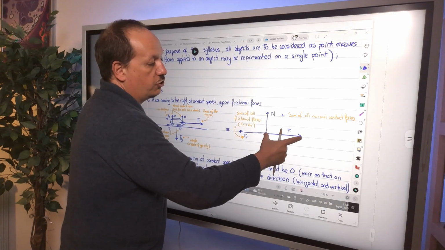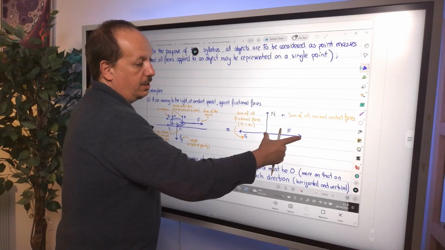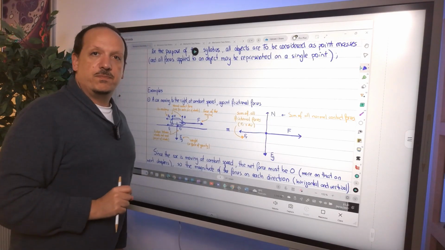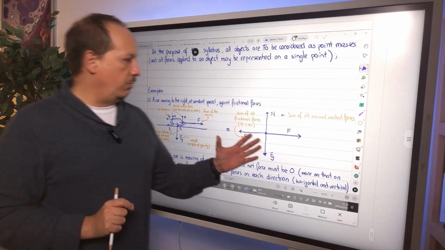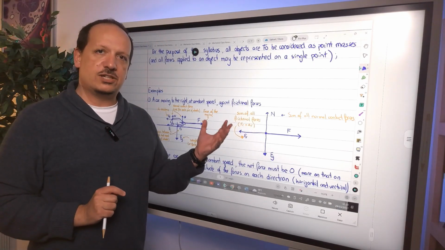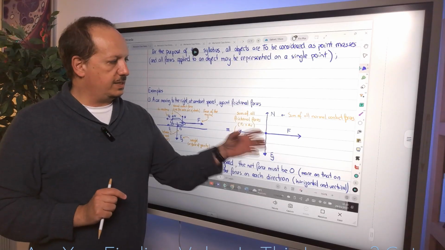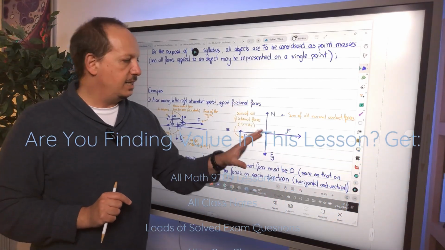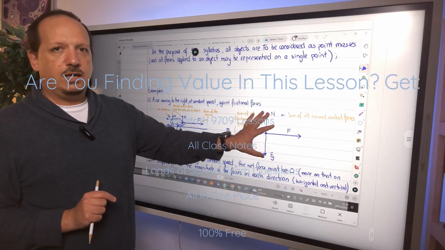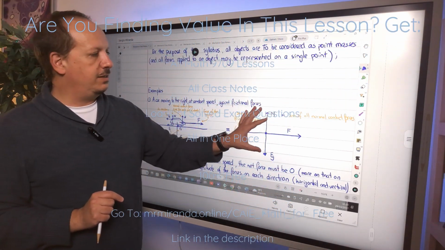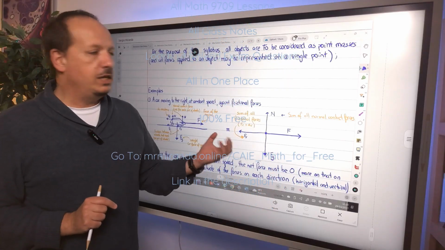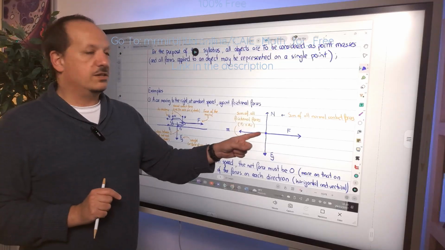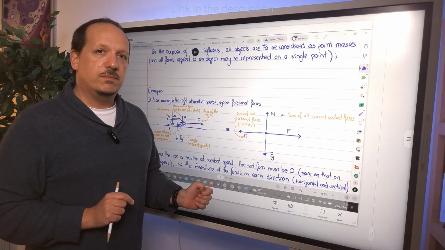I need to ensure that when I do the diagram, I put this force as big as this, and this force as big as this. See the importance of doing a good sketch? If I represent the forces with equal magnitudes and therefore equal lengths, I look at my diagram and I instinctively and viscerally understand that the motion of this object is either stopped or at constant speed.